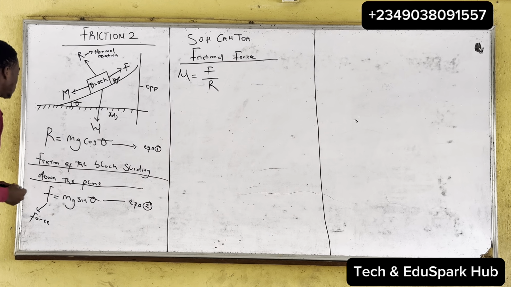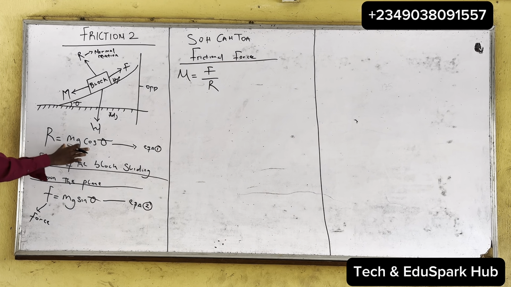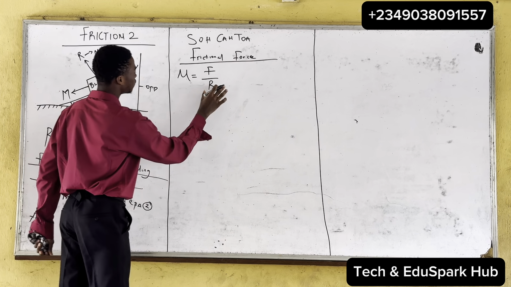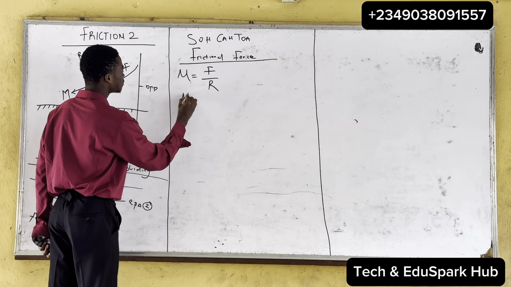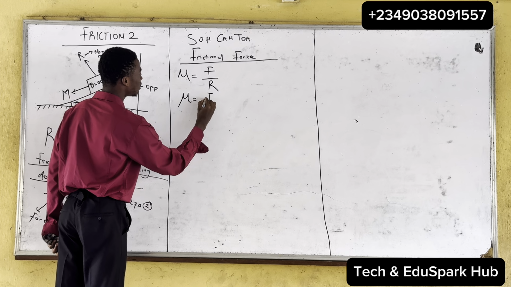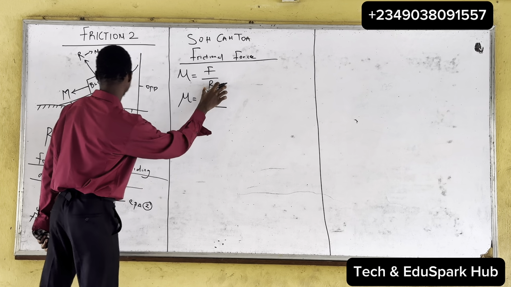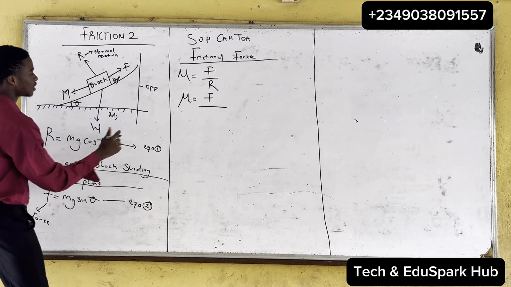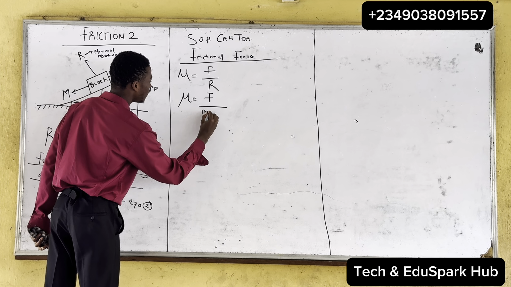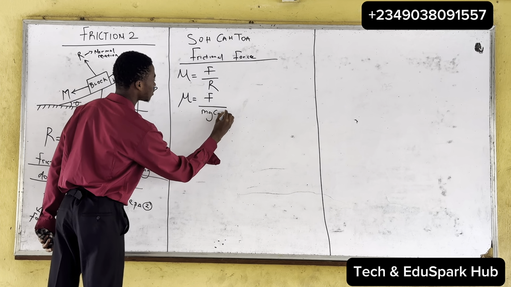In this case, we have gotten our normal reaction to be mg cos theta. So we can substitute that for the normal reaction in the coefficient of static friction. In equation 1, our normal reaction is given as mg cos theta. So we can put that here.